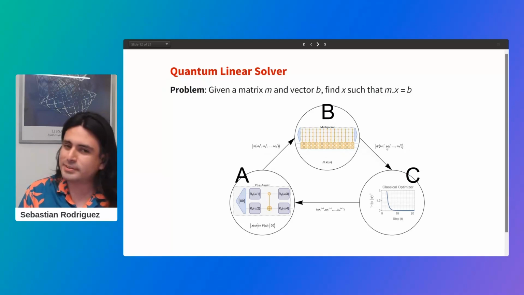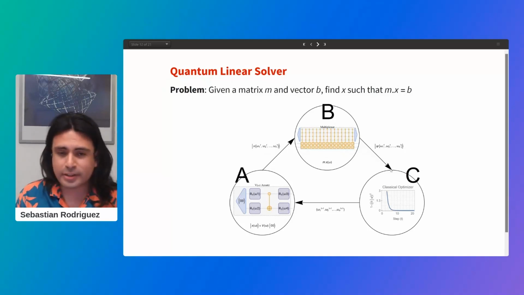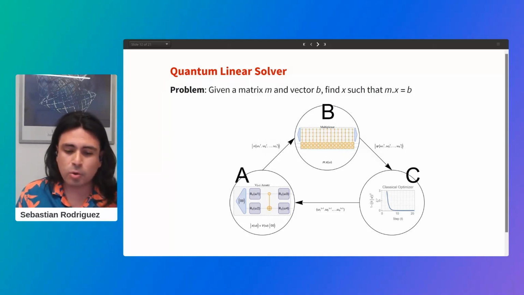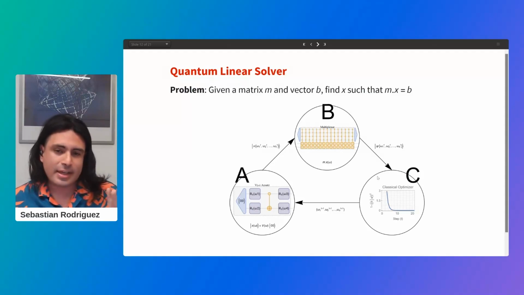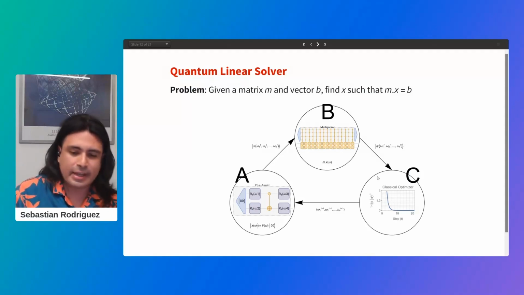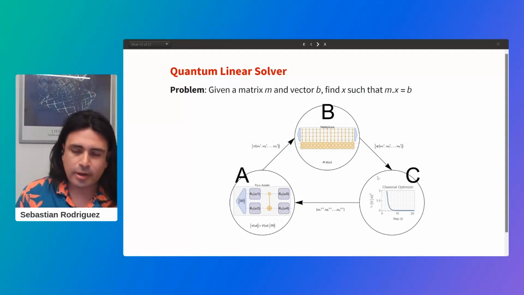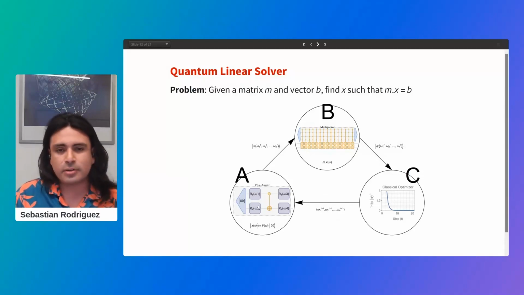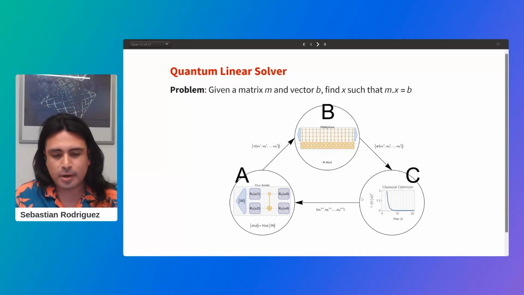We will feed this C state into the classical optimizer that will look to minimize the distance between the C state and the B state. So this will get new parameters that will be fed into the ansatz. And this process will be repeated multiple times until we find that our cost function reaches 0.